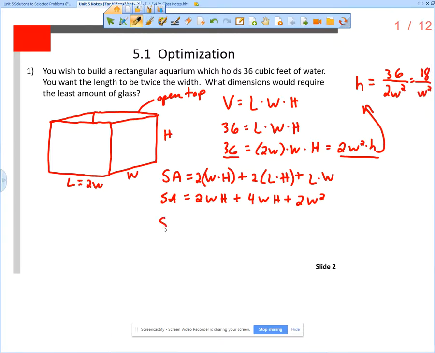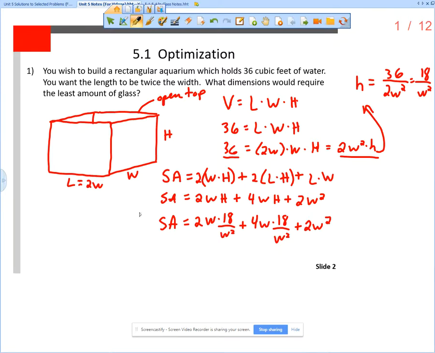Then I can write surface area as 2W times H, which is 18 over W squared, plus 4W times H, which is 18 over W squared, plus 2W squared. Now I have surface area as a function of only W.